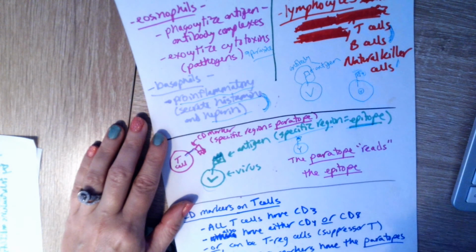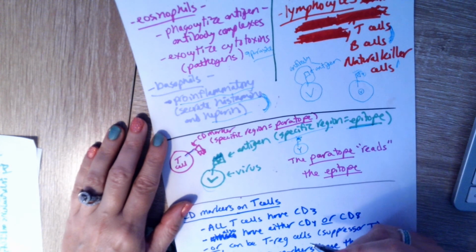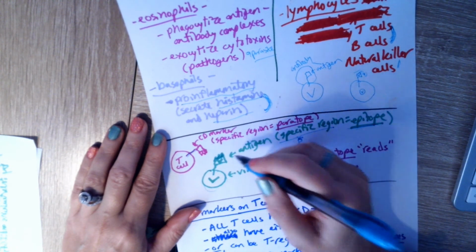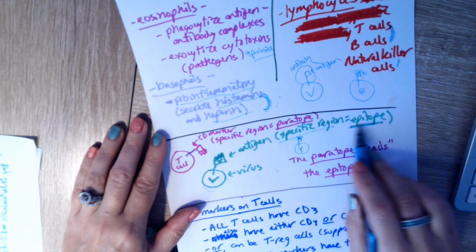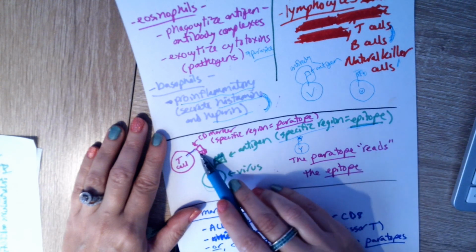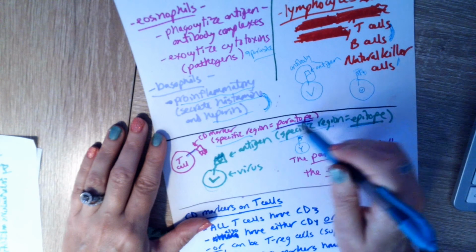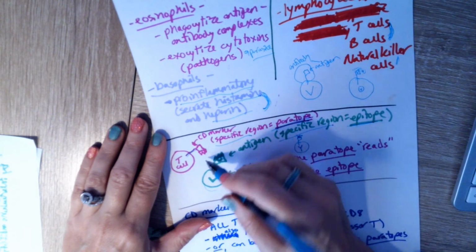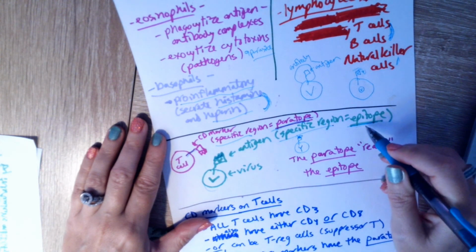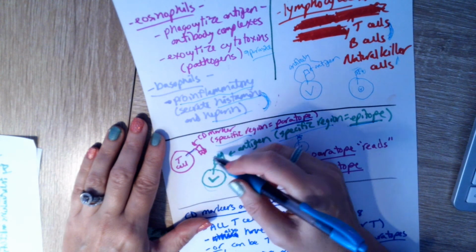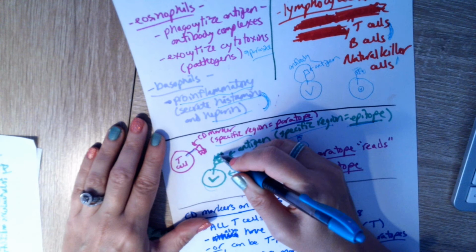It acts almost exactly like a receptor, and it's going to be able to read the epitopes of these antigens. It can do this because it too has a specific region called the paratope. So the paratope reads the epitope.